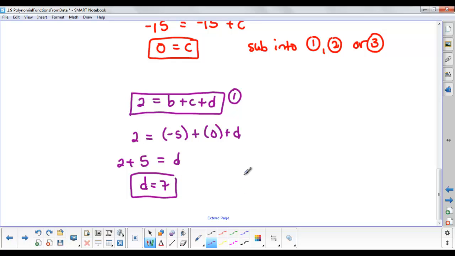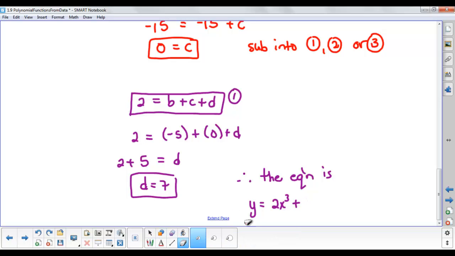So now that we figured out what b, c, and d are, we're going to take all of that information and create a therefore statement saying the equation is y equals 2x cubed plus b. So in this case, I should not write a plus.